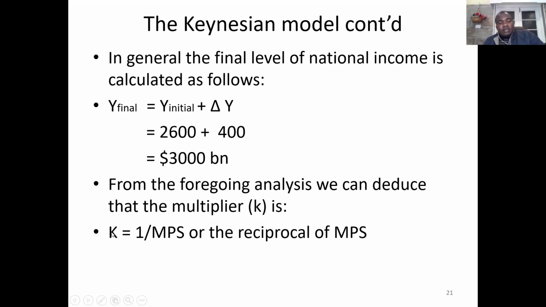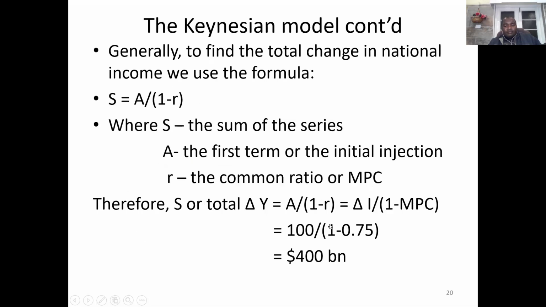In other words, the multiplier K is the reciprocal of the marginal propensity to save. It is noteworthy that from the savings function, our marginal propensity to save is nothing but 1/4. So the reciprocal of 1/4 is 4, which is why our multiplier is 4. 4 multiplied by 100 gives us this 400, without the formula for summing an infinite geometric series.